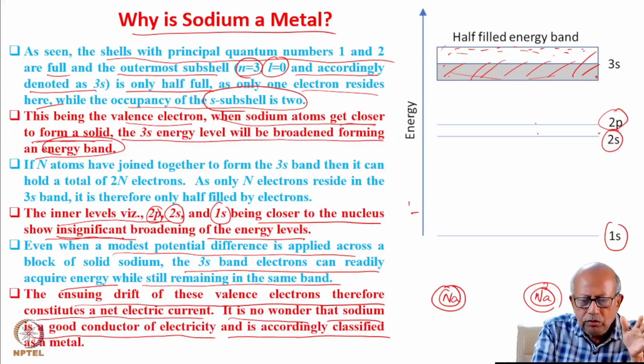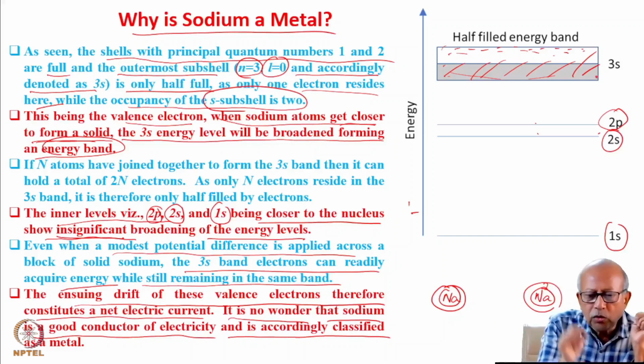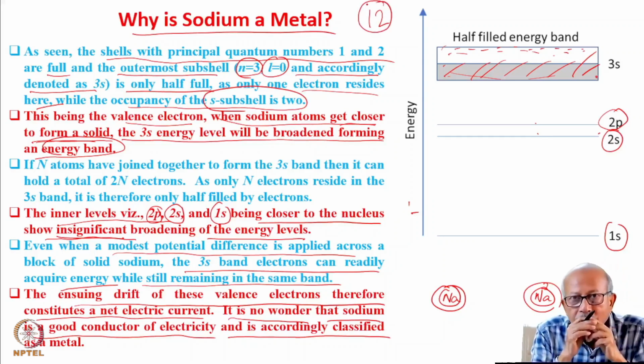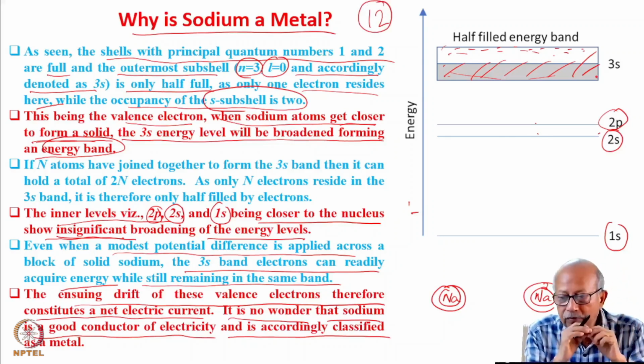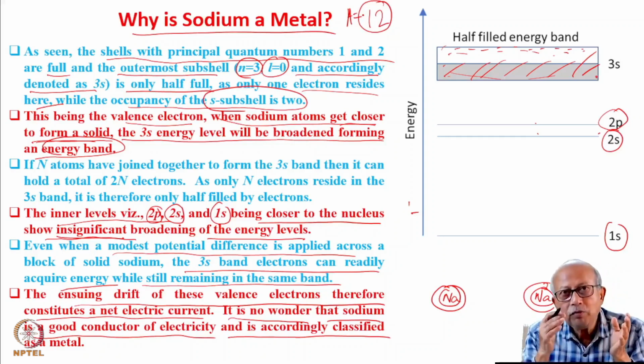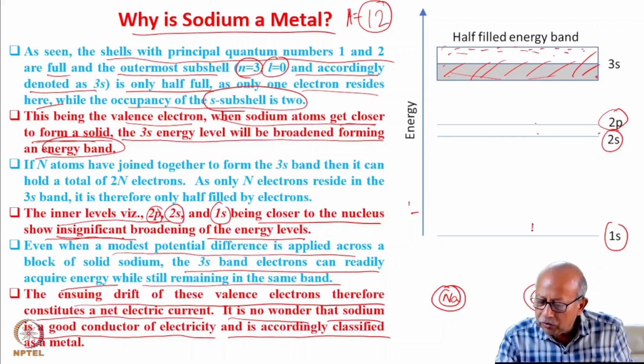To further elaborate it, suppose sodium has an atomic number of 12. Just consider atomic number 12. So then it will have 12 electrons to be accommodated, of which 10 have already gone here. So 1s2, 2s2, 2p6.